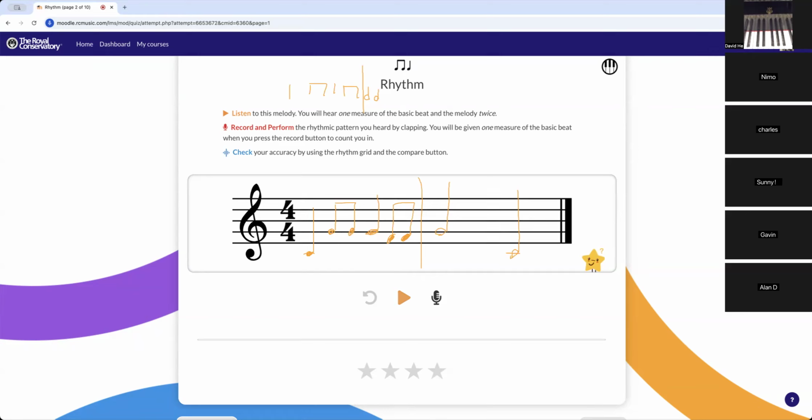Can you just say ta, ti, ti, ta, ti, ti, ta, ta? Can you do this one, Nemo? Ta ti ti ta ti ti ta ta. Okay, that's correct. You just keep working on rhythm.